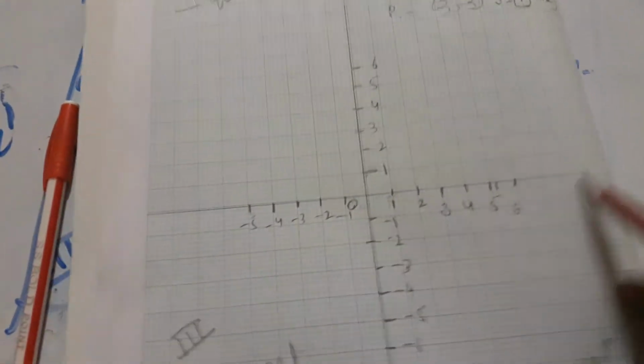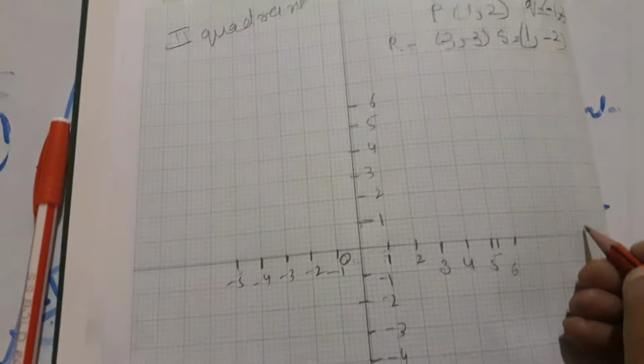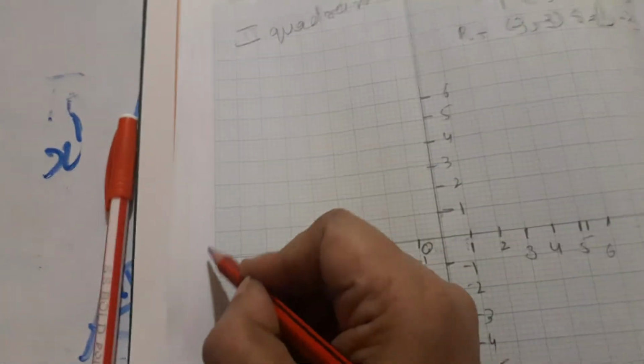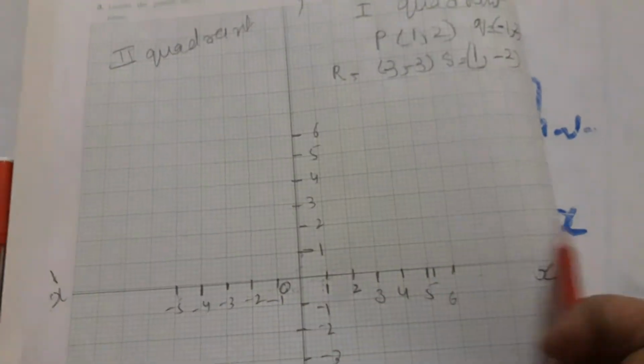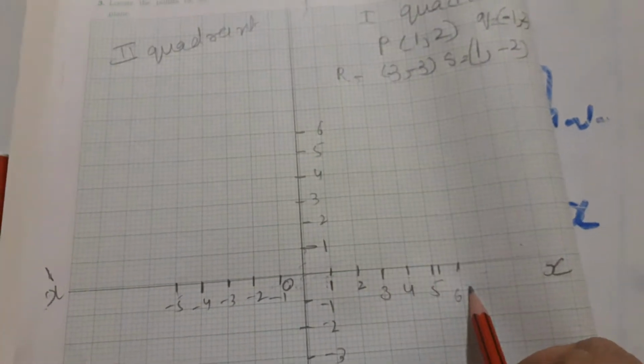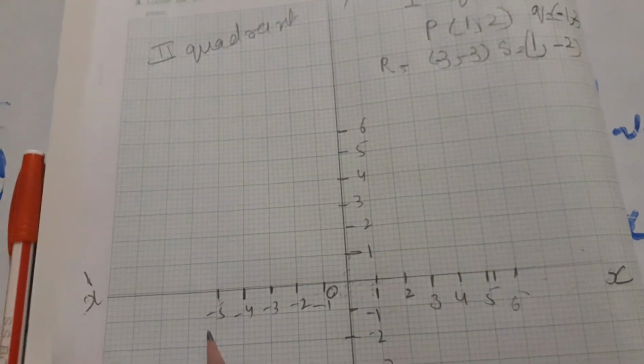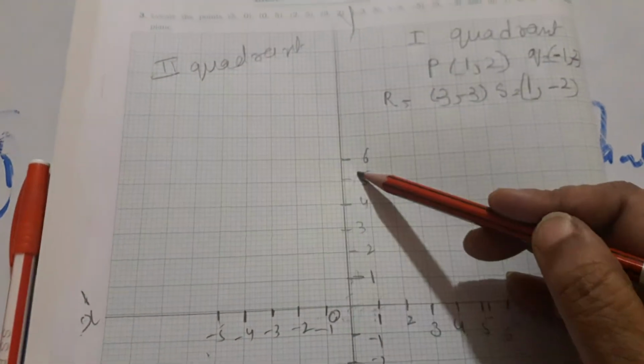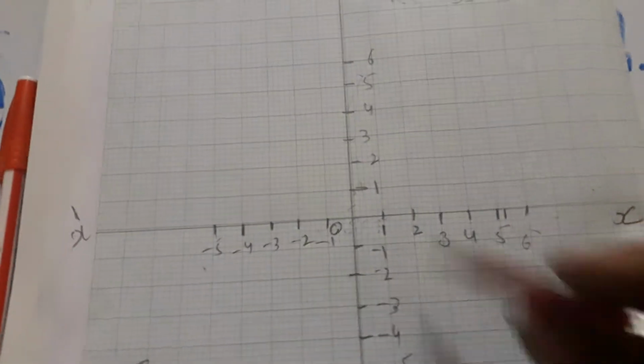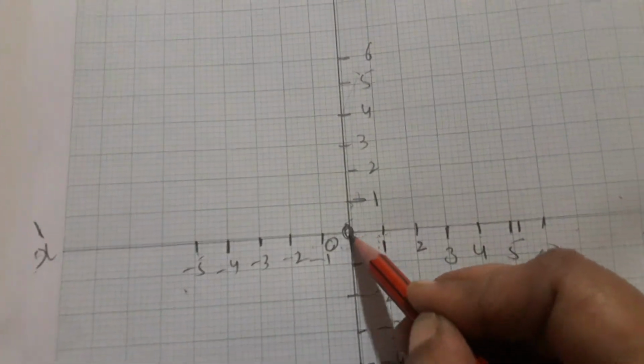So this is the x-axis, positive side and negative side. The same way the y-axis, positive side and negative side. On the x-axis, the right side we take positive numbers and the left side negative. On the y-axis, above, positive numbers. The place where they both intersect is the origin.